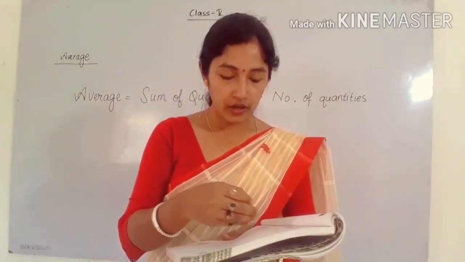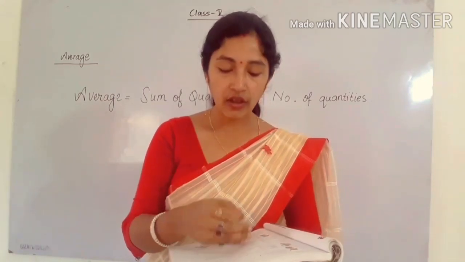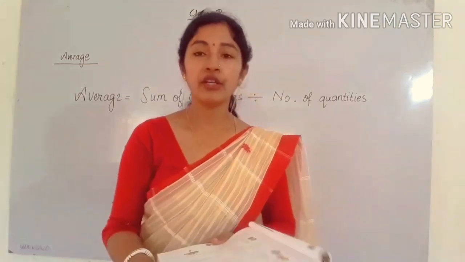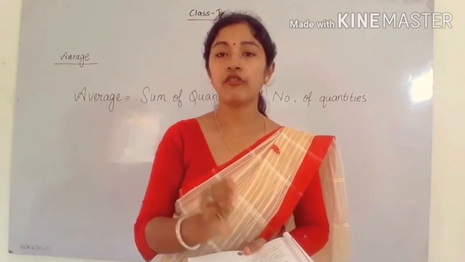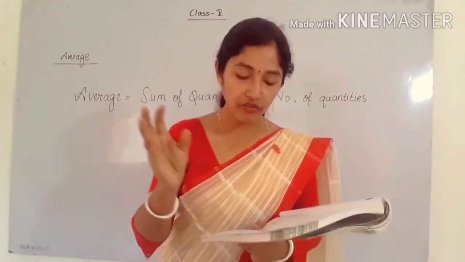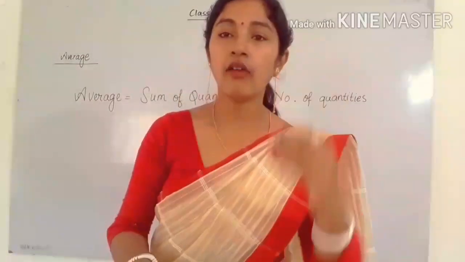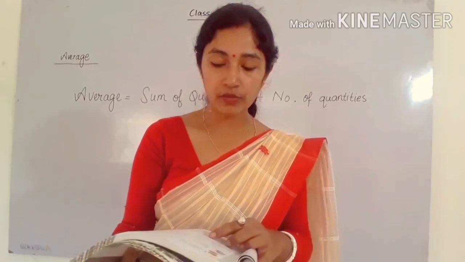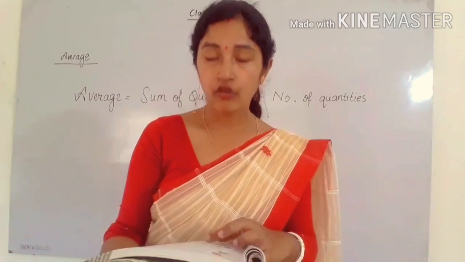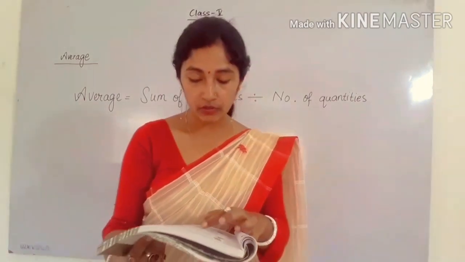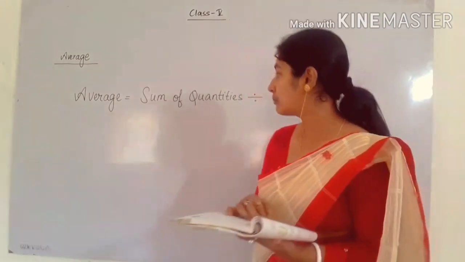Total how many days are there in a week? We have 7 days. So what do you have to do? For finding the average number of hours you study daily, you have to add all the hours. That means 2 hours plus 4 hours plus 3 hours, like that. You will get 14 hours. So this addition is the sum of quantities.